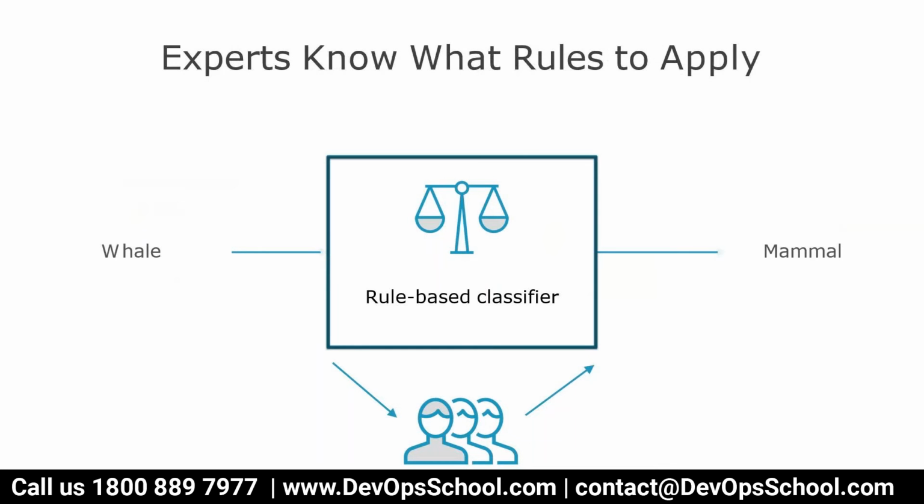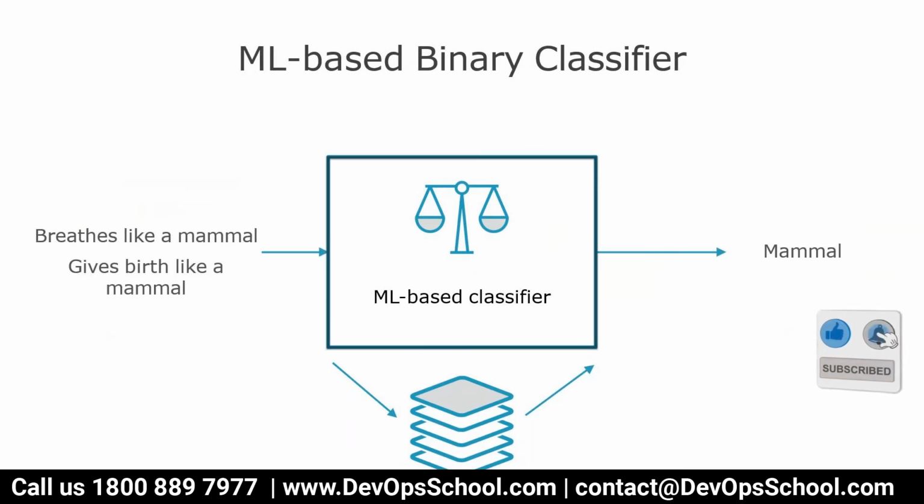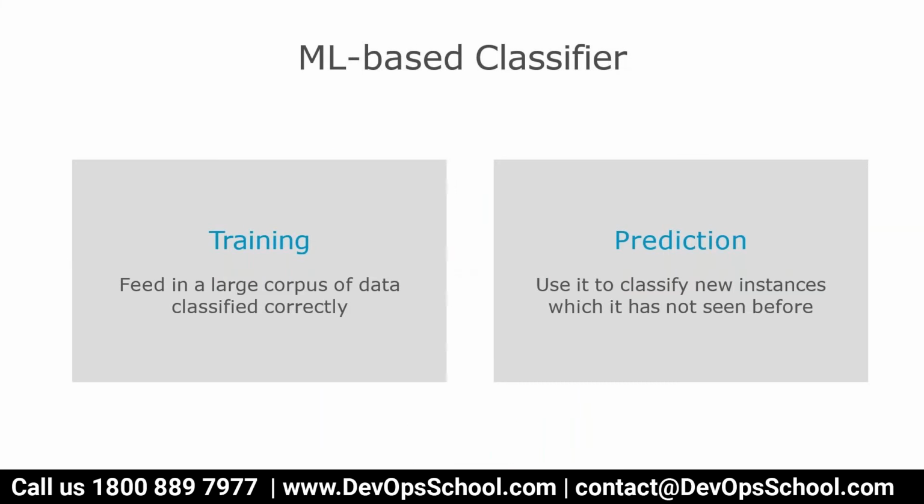Now we need to replace this rule-based expert with an algorithm. So now you have a corpus of data, with a whole lot of different kinds of mammals and different kinds of fish, and based on that you build the classification, and then you find out whether it's a mammal, and for that you have to define the rules for the algorithm.